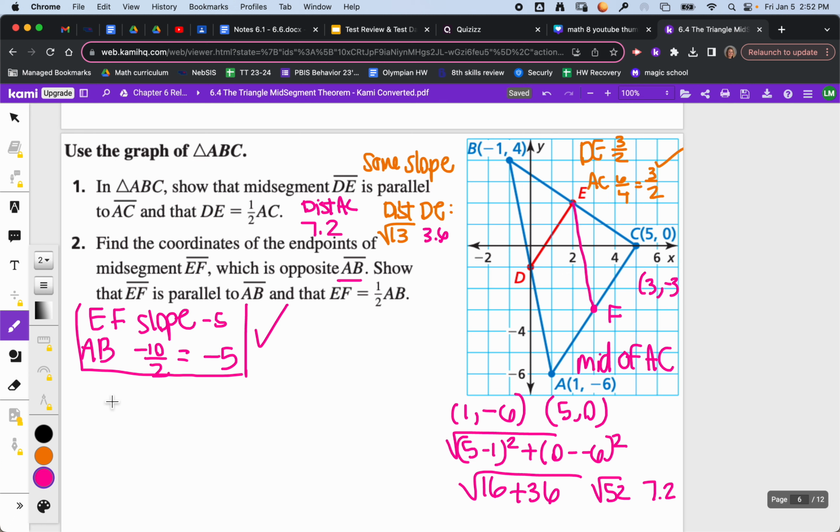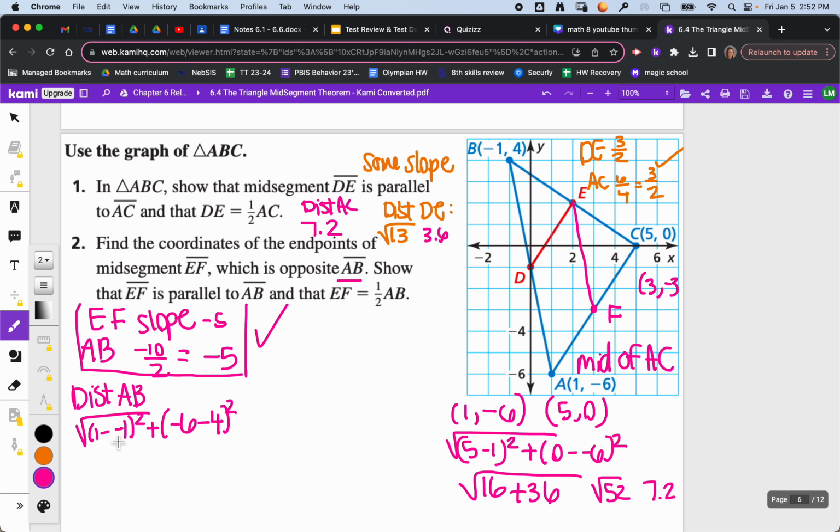Again, we want to find the distances of those. We can use our distance formula. The distance of AB can be found by taking the changes in my x's squared plus the changes in my y's squared. So we've got 1 minus negative 1 squared plus negative 6 minus 4 squared.